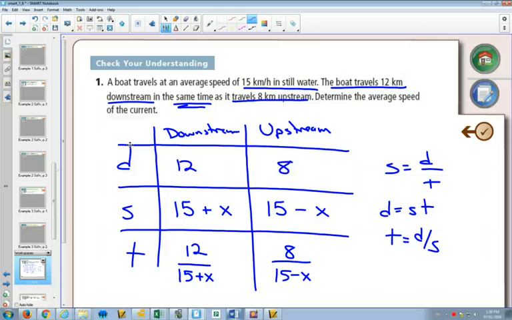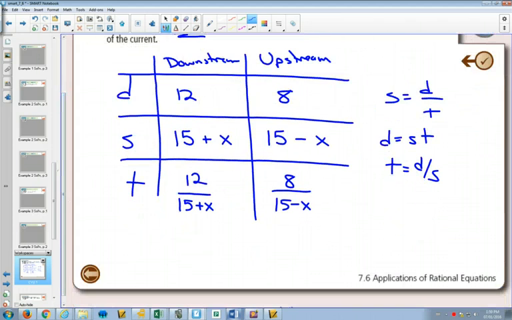So what do we know? We know that this time down here has to equal this time over here. So we can set up our equation. The 12 over 15 plus x is going to equal the 8 over 15 minus x.